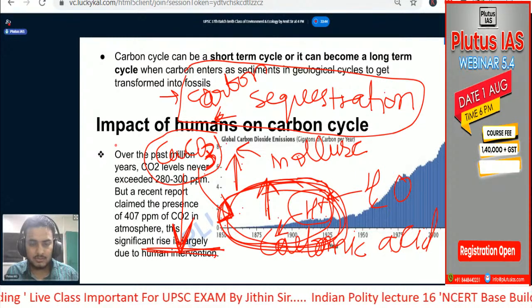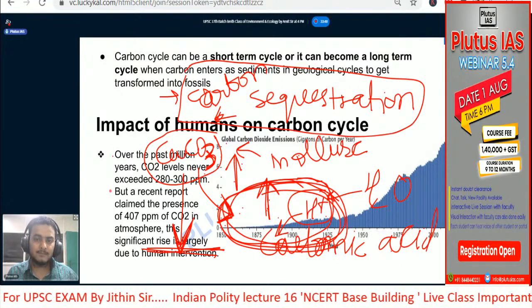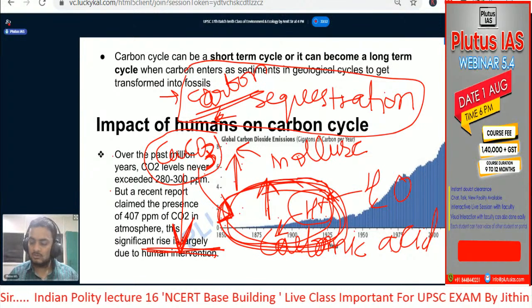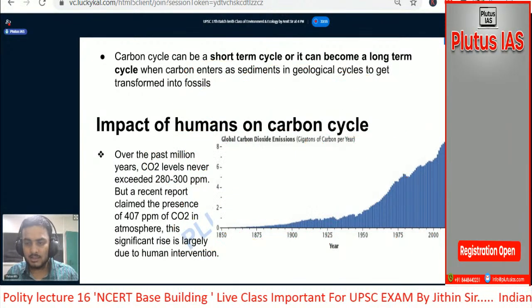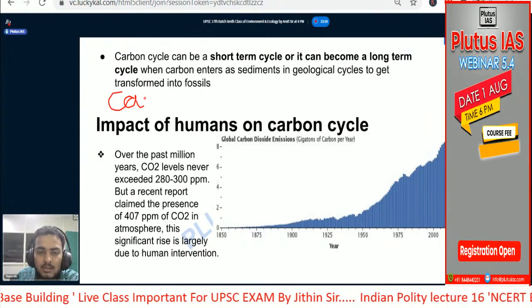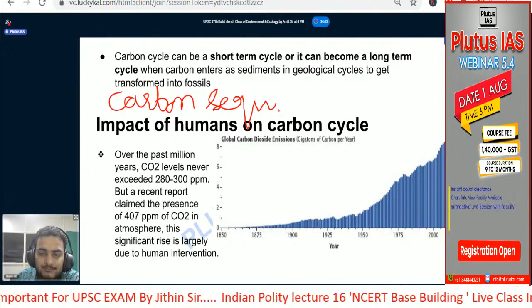So oceanic acidification is one of the reasons why corals are dying, and this is because of the rise in carbon dioxide. We were seeing the consequences of the rise in carbon, so the solution proposed was sequestration of carbon.